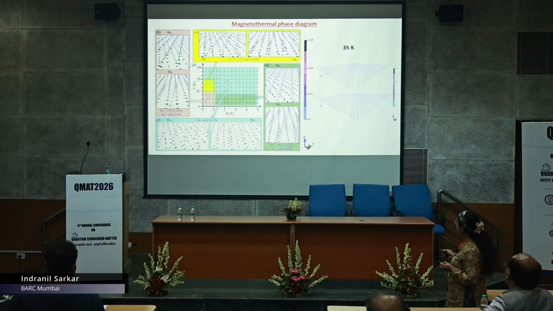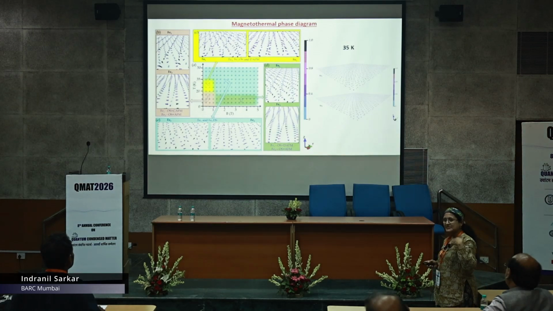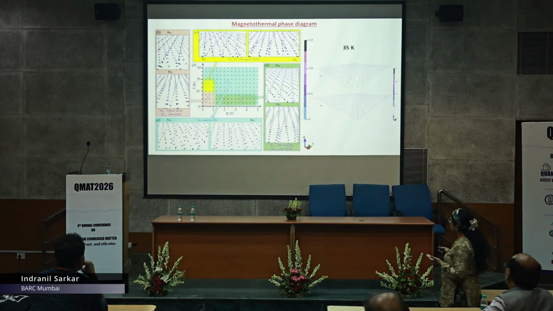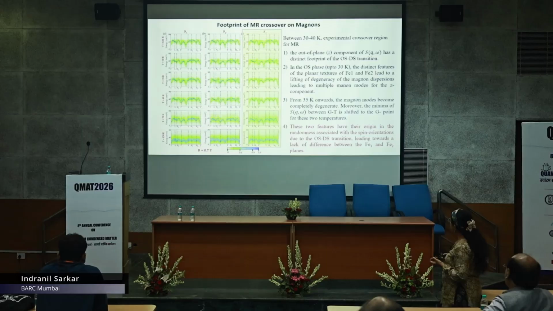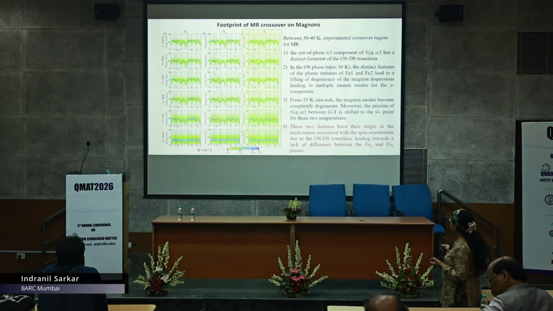The most important thing is that between 30 and 35 degrees there is a change of this magnetic spiral arrangement from ordered spiral to disordered spiral, which has its impact on the magnon spectra along the SZ direction. You can see that between 30 and 35 all the degenerate bands become non-degenerate.